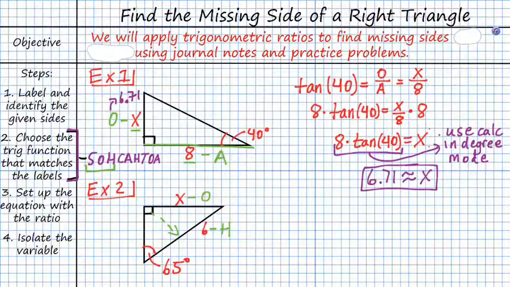So then I can write out my problem as sine of 65 is equal to the ratio of x is my opposite side, so I say O over H, and then this is equal to x over 6. So I can now rewrite this as just an equation. So sine of 65 is equal to x over 6.